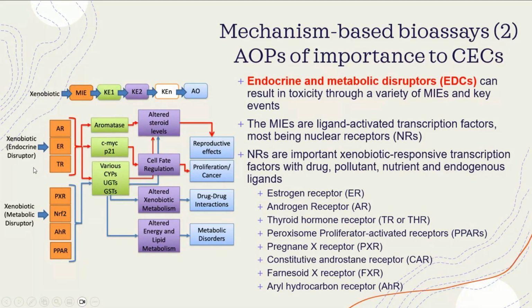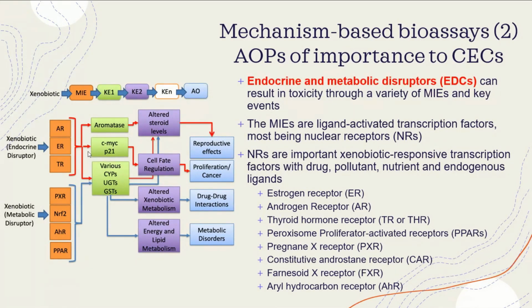But when we talk about a chemical that is an endocrine disruptor, we are saying that the molecular initiating event is an interaction between that chemical and a receptor for hormones within that organism. And so there are several that we are concerned with. Androgen receptor, which binds with testosterone, estrogen receptor, which of course binds to estrogen, thyroid hormone.